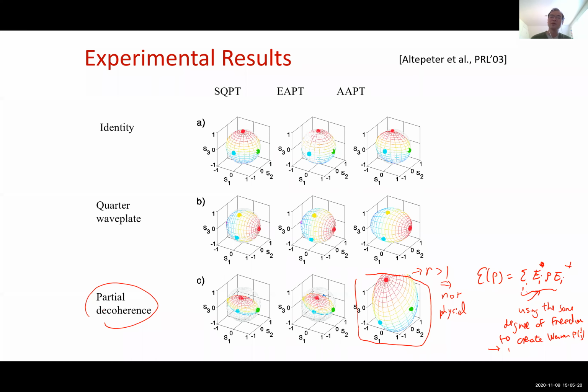Somehow you may intend to decohere the state, but it can end up actually annulling the effect that you used to create a Werner state. Okay, but this is just some extra caution that one needs to be aware of.